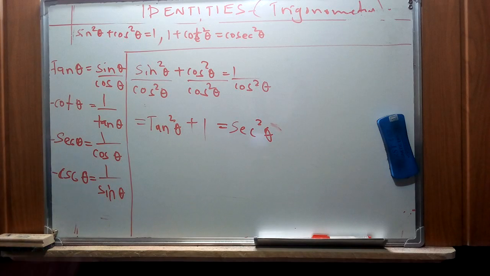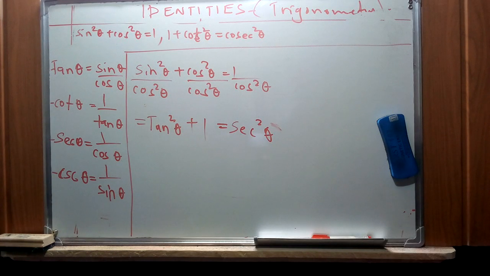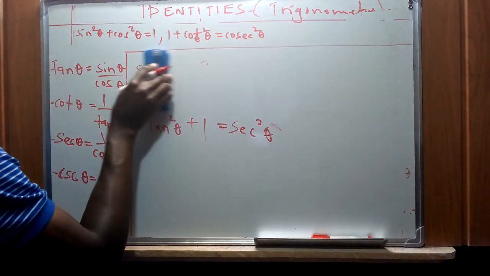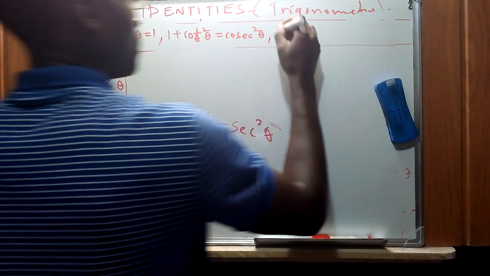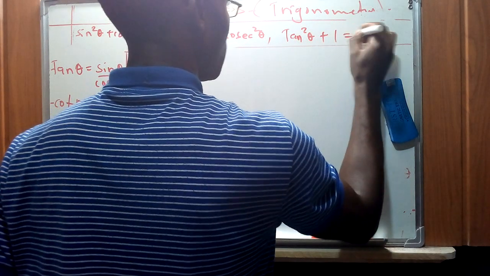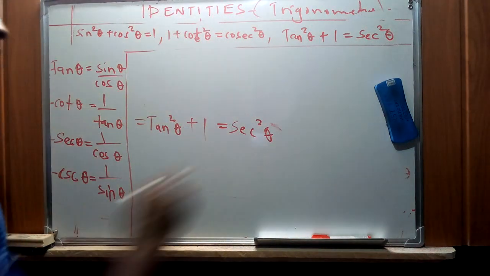So from this expression, if we divide both sides by the cosine squared theta, we're going to get that expression, and therefore I'm going to also write this last expression somewhere so that we can use it. So this is tan squared theta plus 1 equals sec squared theta.